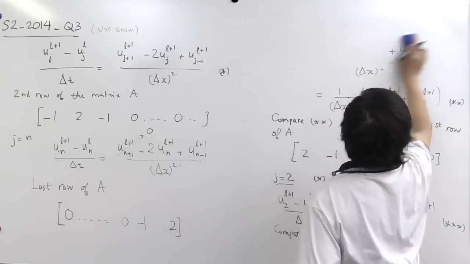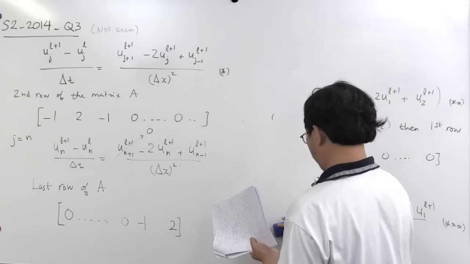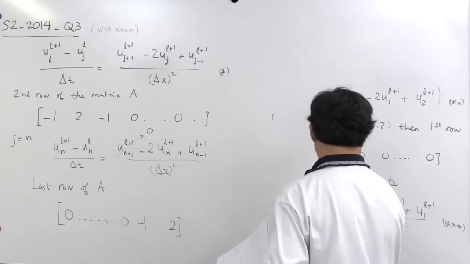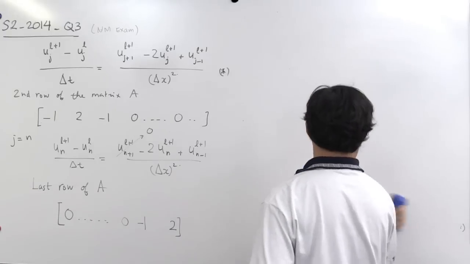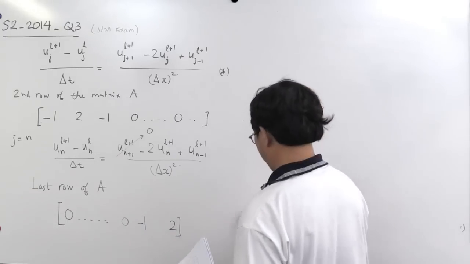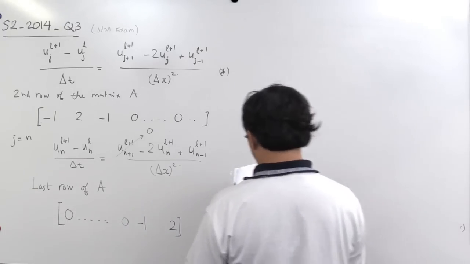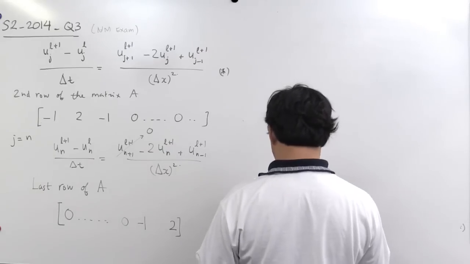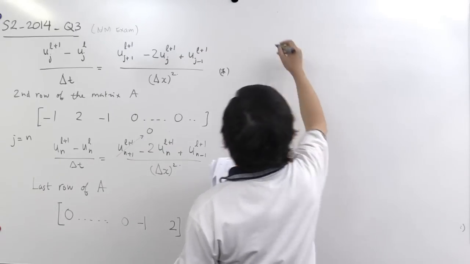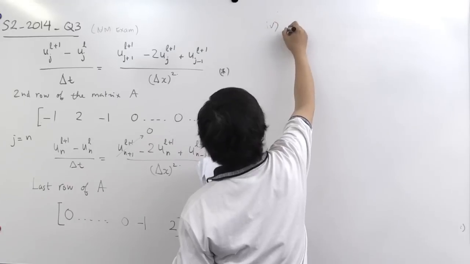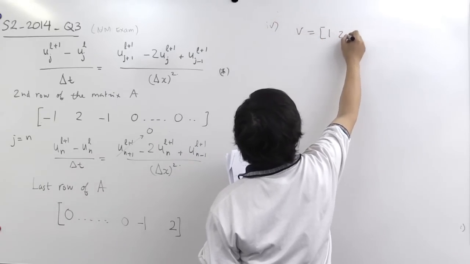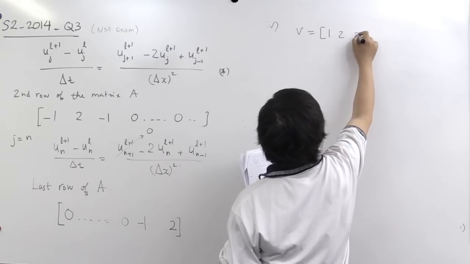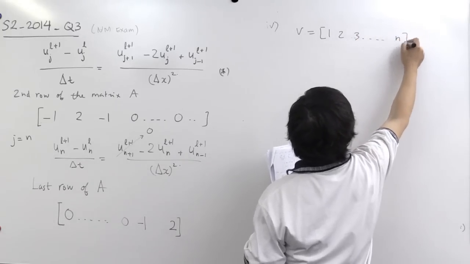The next question is, suppose the vector v is given like this: 1, 2, 3, 4, 5, up to n.